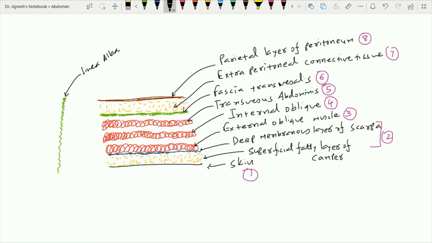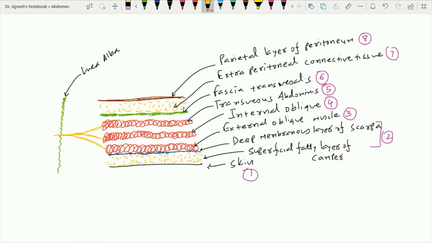It is whitish in color, and that's why it is named linea alba. Near the linea alba, the aponeuroses of all three muscles fuse to form a single layer, and that's why the layers reduce to 6 in number.